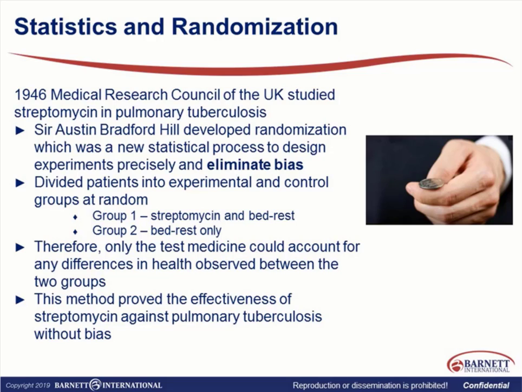And this was done so there would be a random assignment to treatment. And what he observed was that those individuals that received both the antibiotic streptomycin with bed rest had an effective response to their tuberculosis versus those that were treated with bed rest alone.